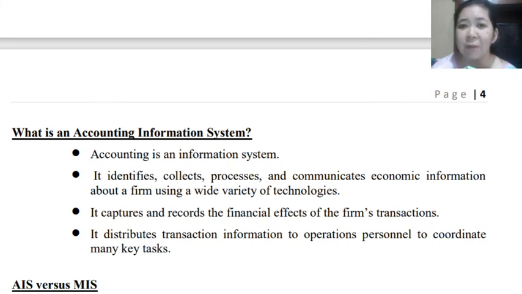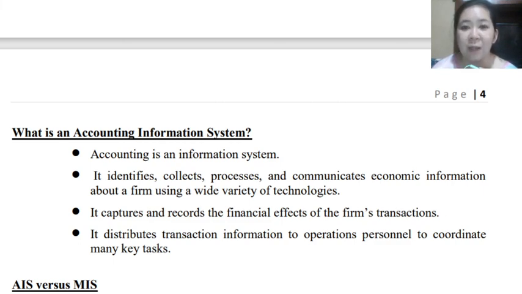In fact, you are familiar as an accounting student in your previous subjects. You are already exposed to the accounting information system, but it was not formalized, okay, on how it should be done, or what are the proper processes that should be followed.